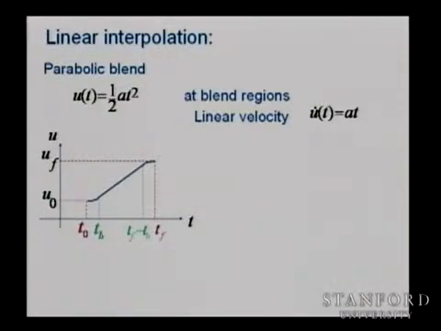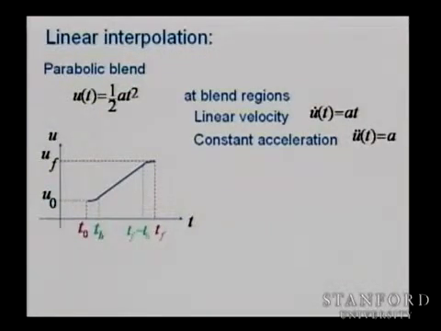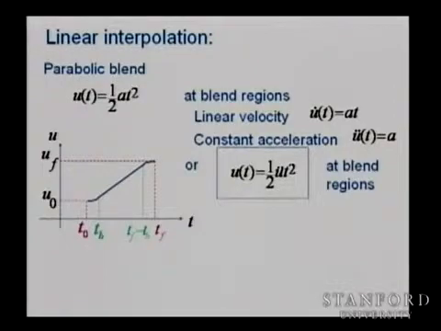The velocity here is simply a times t, and if we put a condition for a constant acceleration, then we'll have u of t equals 1/2 u double dot t squared, where u double dot is the acceleration. And we'll see in a moment how we can determine that acceleration for continuous motion.